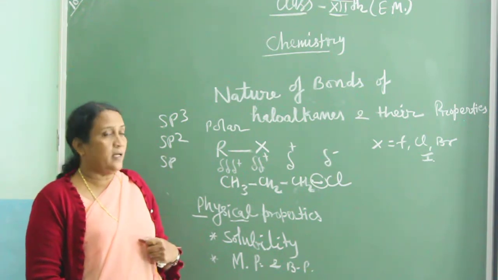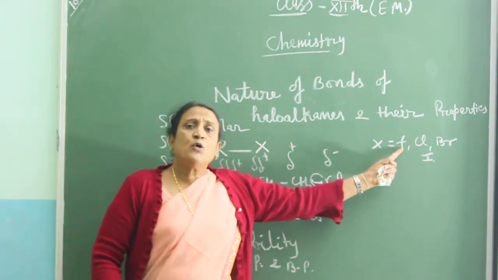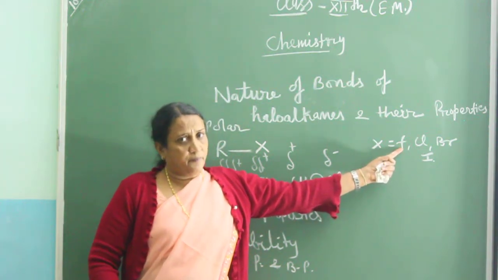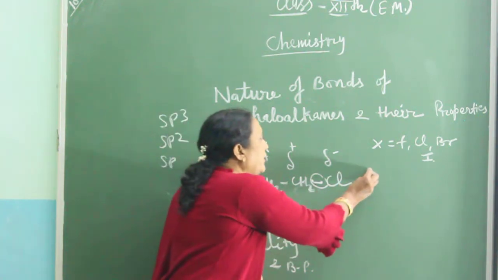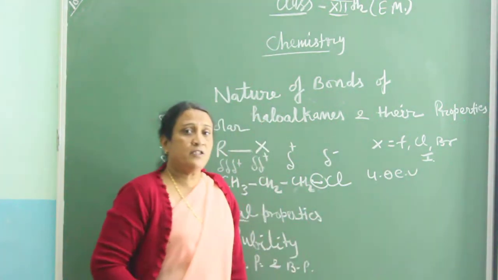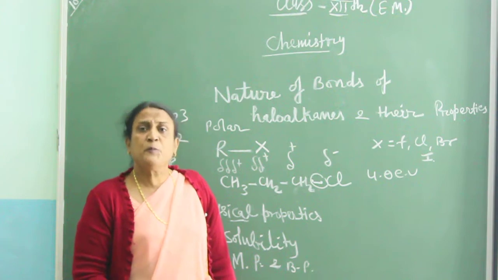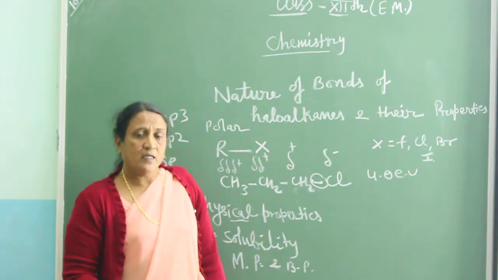When we talk about halogens, we know very well fluorine is the most electronegative element and its electronegativity is 4.0, which is highest. After that oxygen 3.5 and after that other elements.